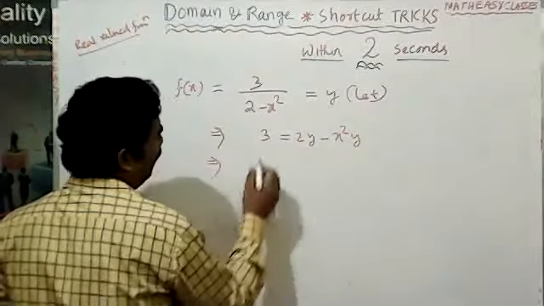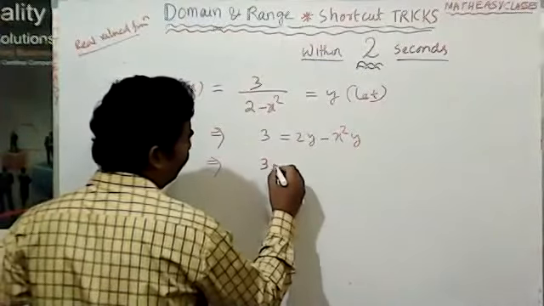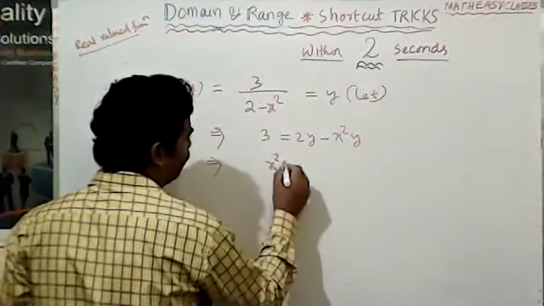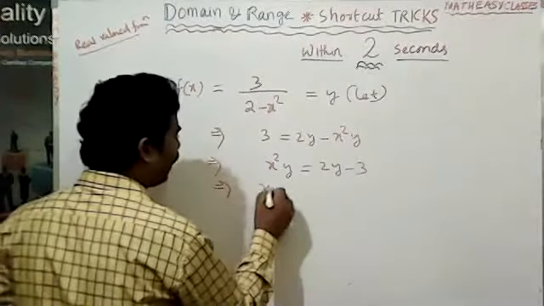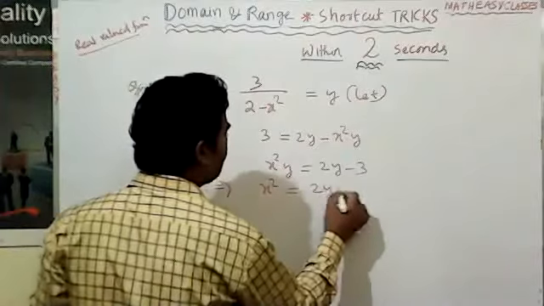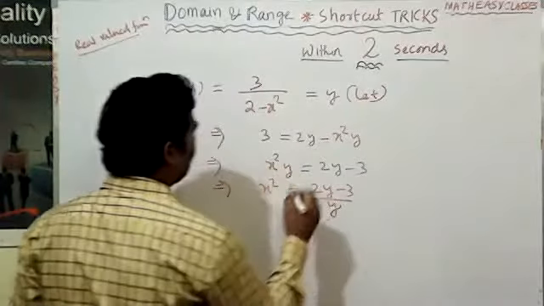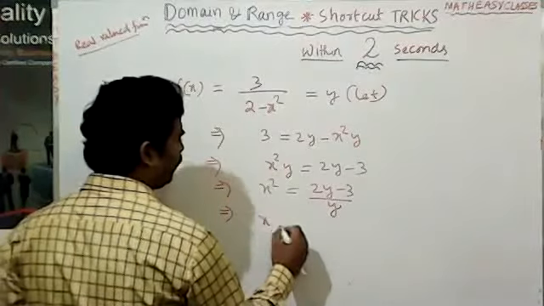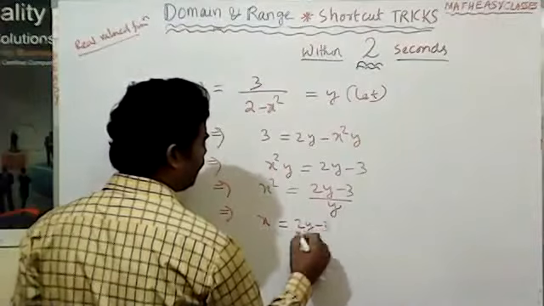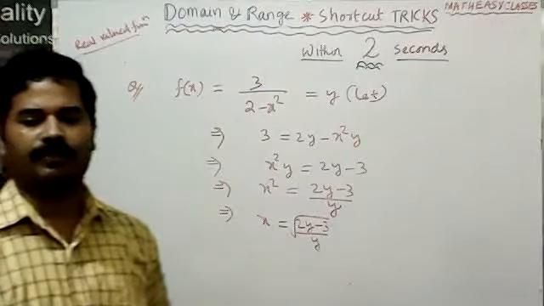That means x square y is equal to 2y minus 3, which means x square is equal to 2y minus 3 divided by y. So the x value is equal to the root of 2y minus 3 by y. This is the value.